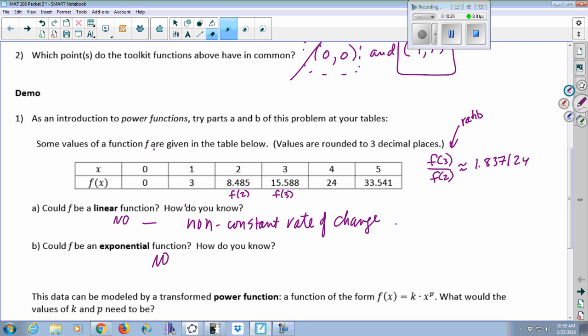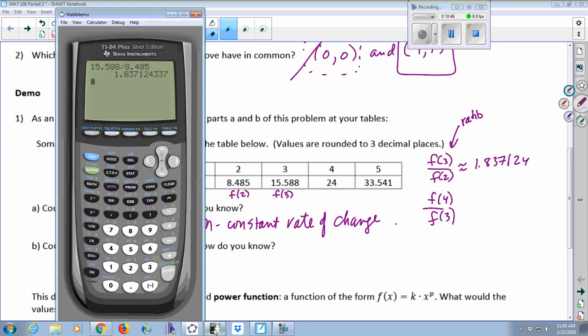That if I really had this ratio here, I could multiply f of 2 by that ratio and get f of 3. It should have a constant ratio, a constant multiplier. So now you've got to check your next one. If you do f of 4 divided by f of 3, you want to see if you get that same ratio.